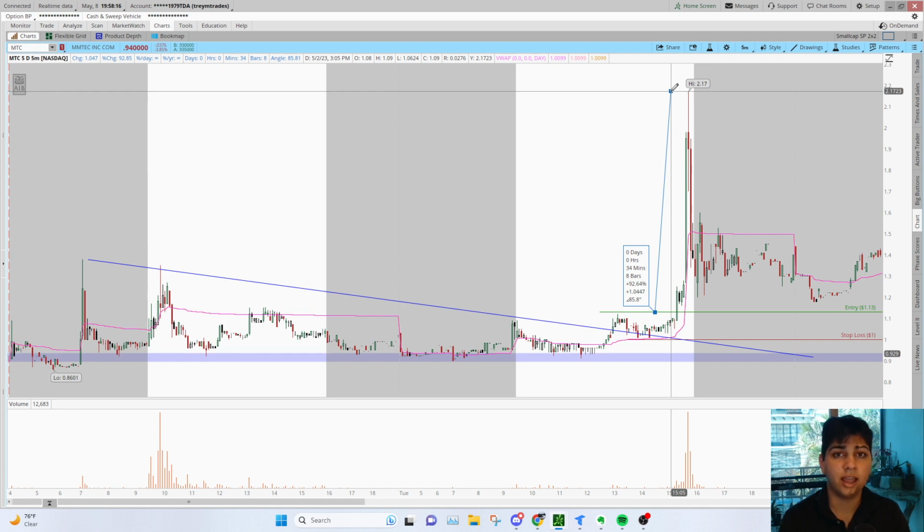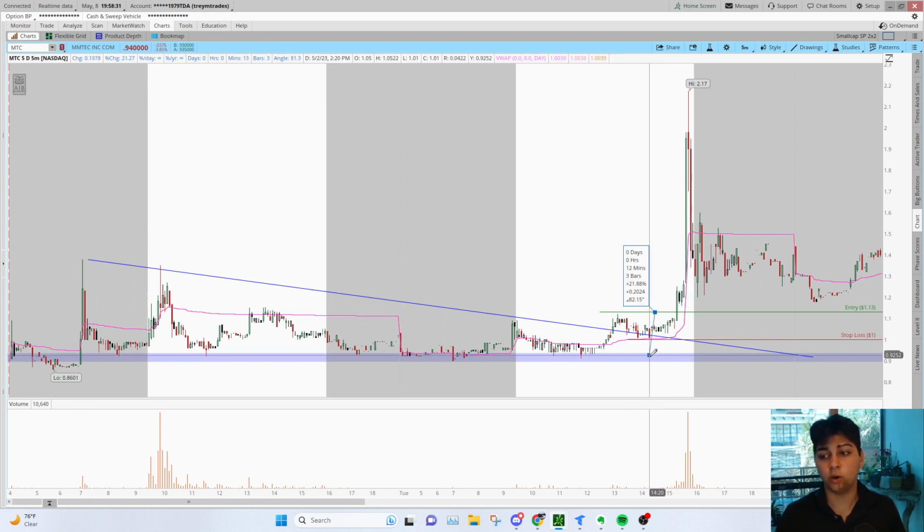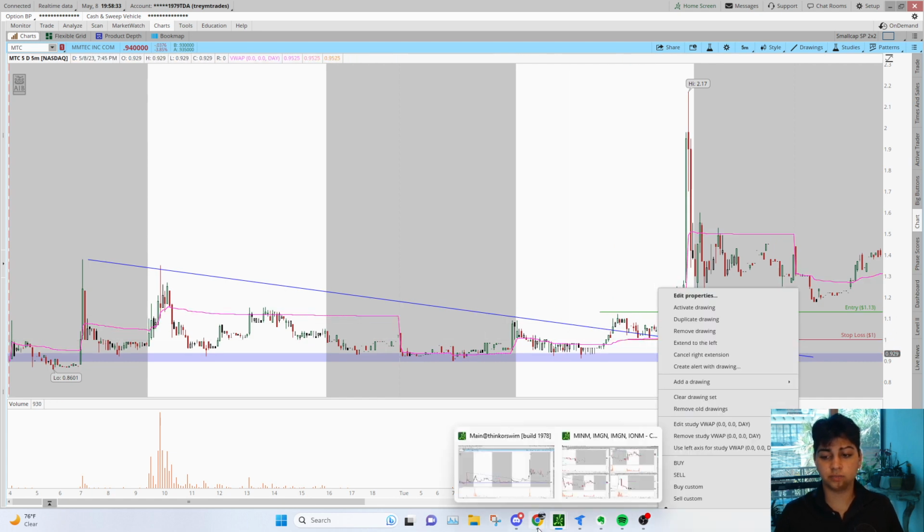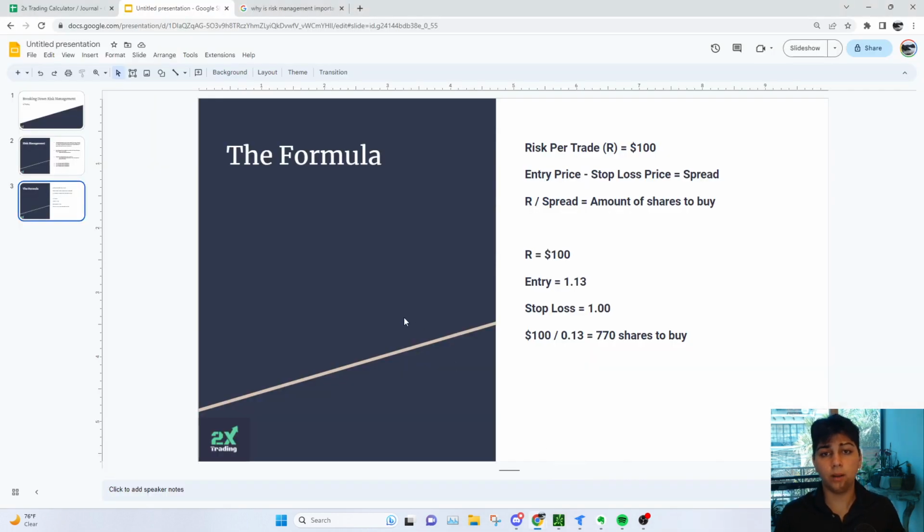So if you were to sell at the high at 2.17, that was an 8R gain, or 8 times your risk. Here, for $100 risk, that would be equivalent to an $800 win on this one trade where you only risked $100. And that's just how I'm using my risk reward every single day.